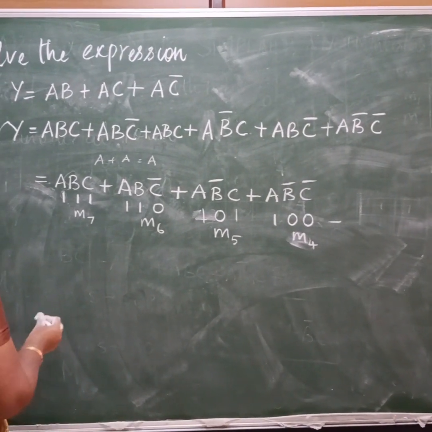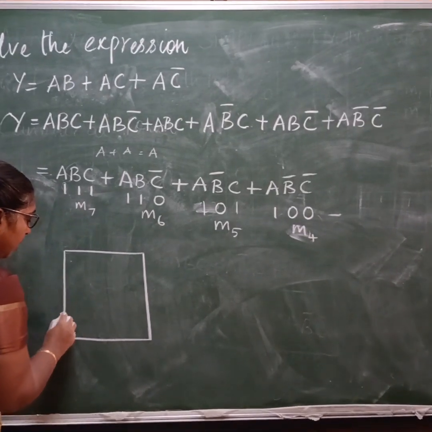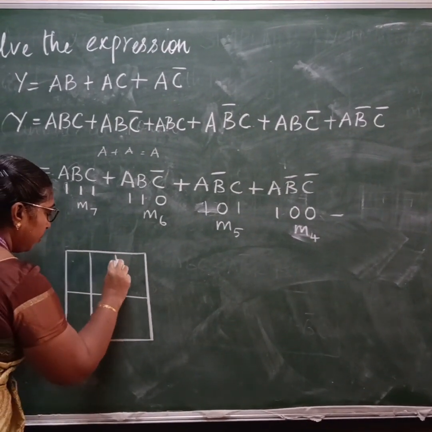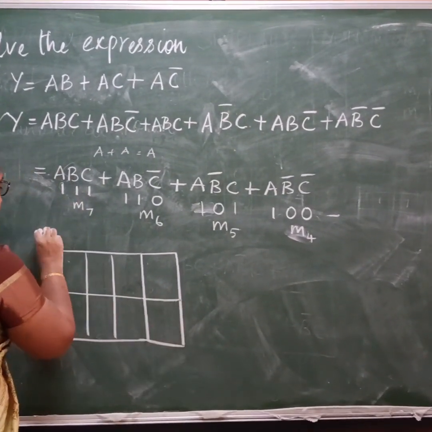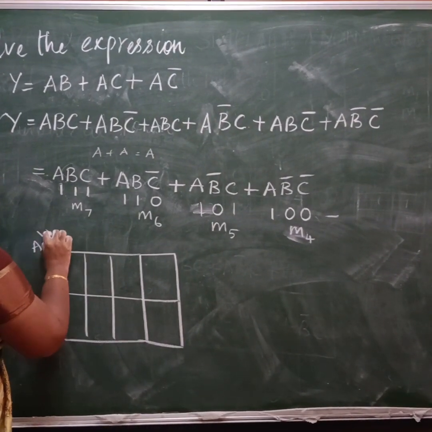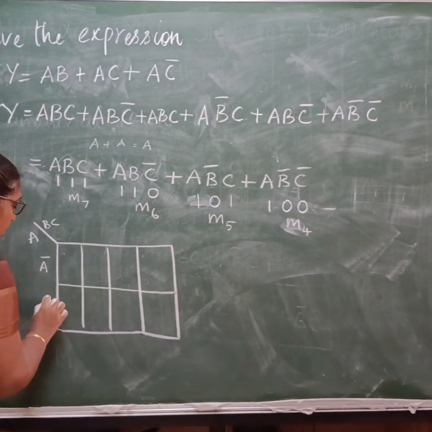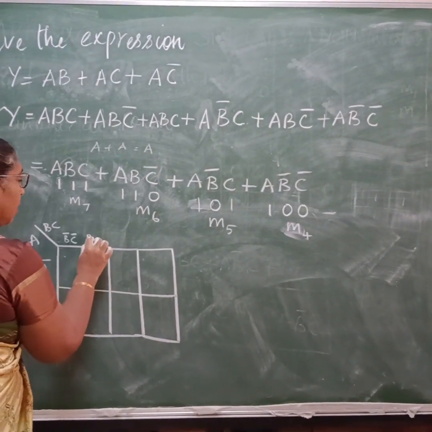As it is a 3 variable system, you need 2 to the power of 3, which is 8 cells. B bar, C bar.